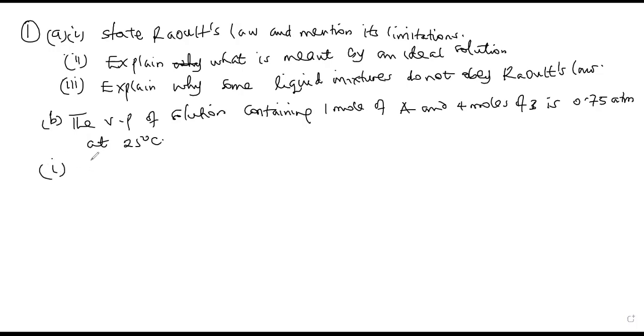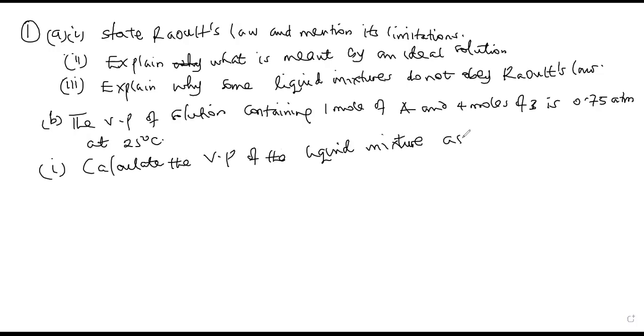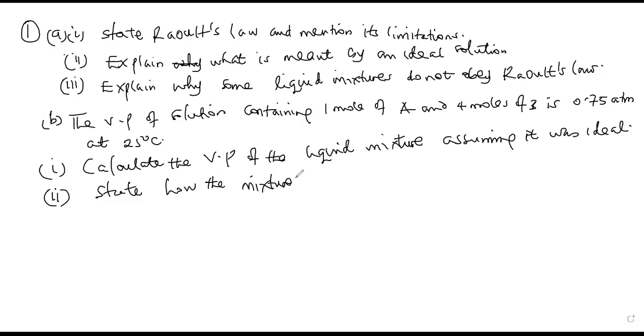Roman 1, calculate the vapor pressure of the liquid mixture assuming it was ideal. 2, state how the mixture deviates from Raoult's law. Explain your answer.